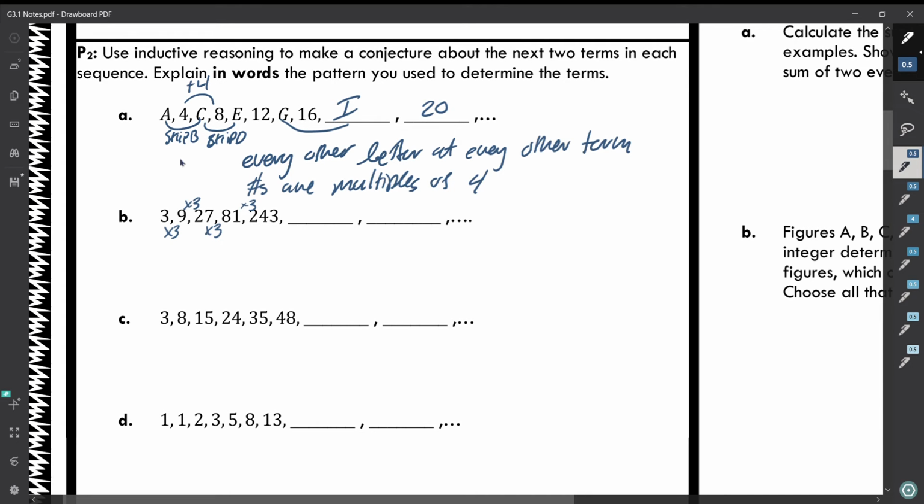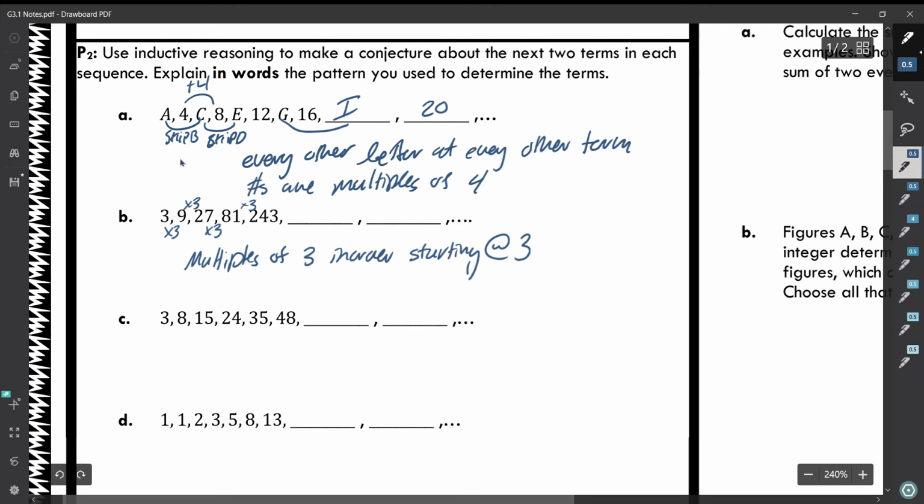So basically all these are multiples of 3, right? So we can say multiples of 3 in order starting at 3.